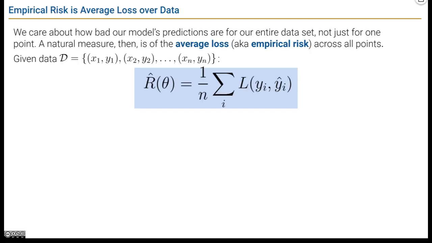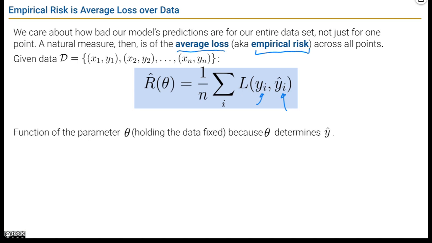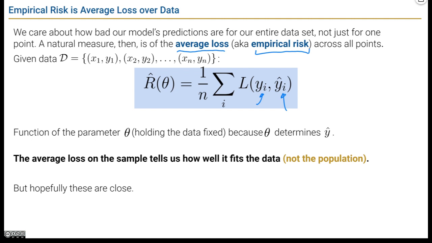Now, so far I've defined the loss just in terms of the difference between a single data point and the prediction. But overall, for an entire model, I actually want to look at my average loss across all data points. That idea of average loss is something we're also going to call empirical risk in this class. And notice that this is really going to be a function of your parameter theta.